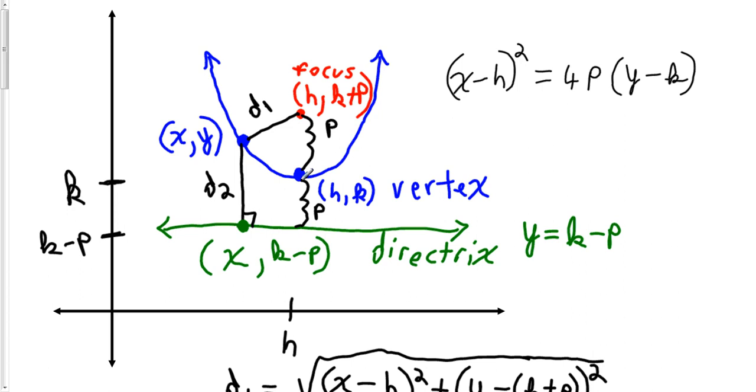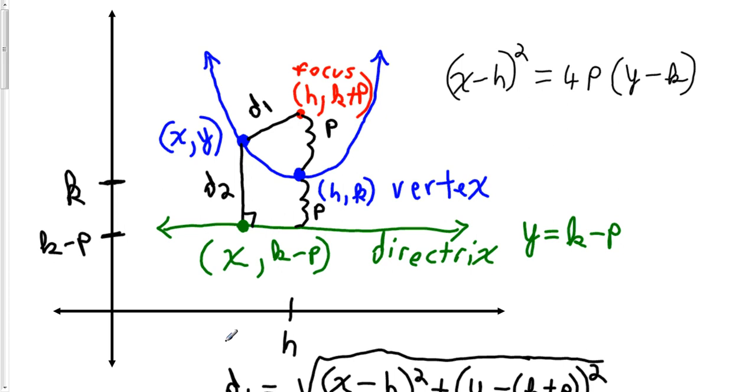Now from the vertex, this number p is the distance that you go to get to both the focus and the directrix. If p is a negative number, it means that the focus is below the vertex and the directrix is above the vertex. If p is positive, it means the focus is above the vertex and the directrix is below the vertex, like this case right here.